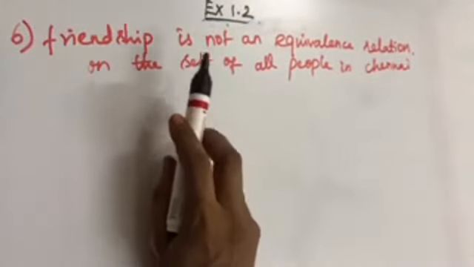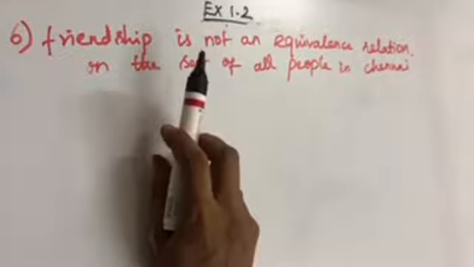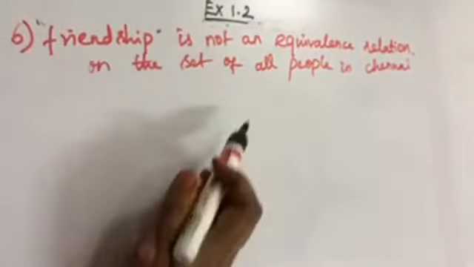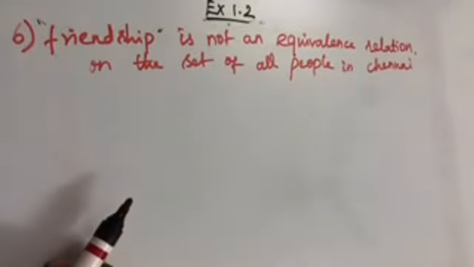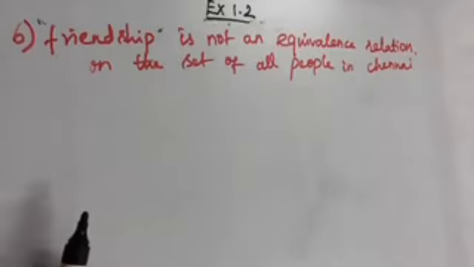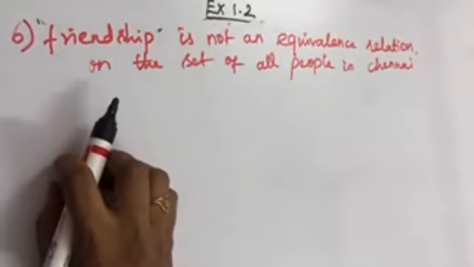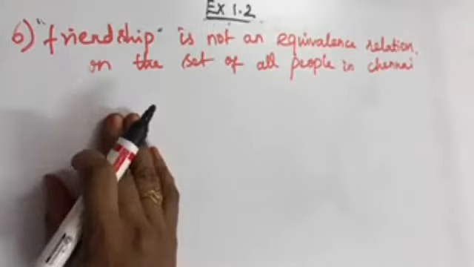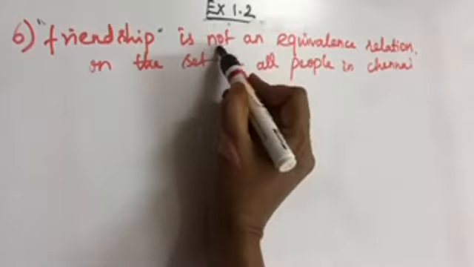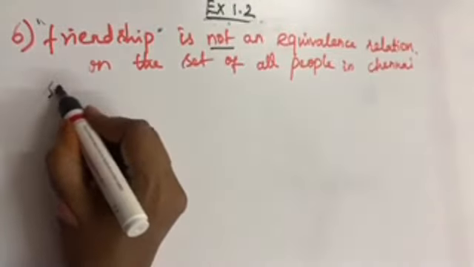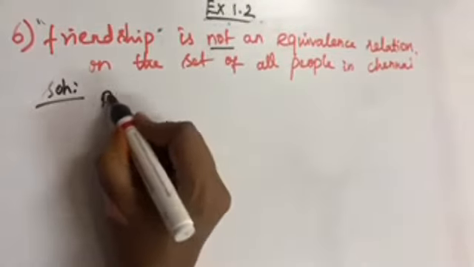Prove that the relation friendship is not an equivalence relation on the set of all people in Chennai. To prove an equivalence relation, the three conditions should be satisfied: reflexive, symmetric, and transitive. But here we have to prove it is not an equivalence relation. We'll check the first condition, reflexive.